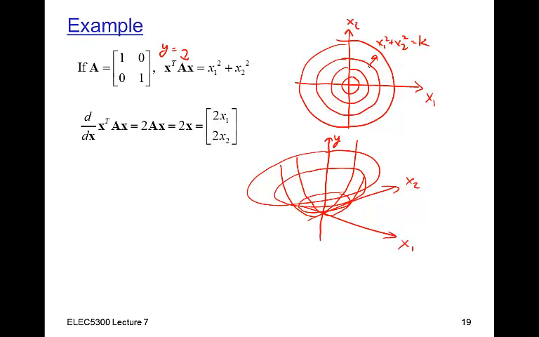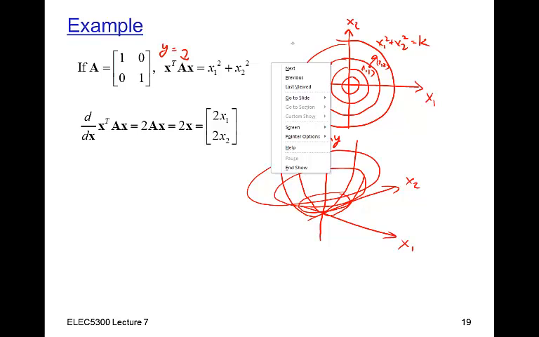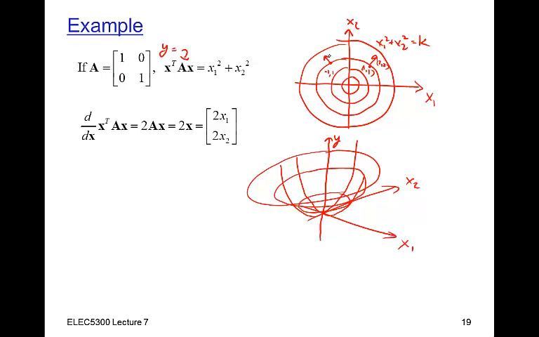So at this point, let's say this point here was 1, 1. Then this vector here would be 2, 2. So it would be pointing exactly in the same direction as this. It would just be twice as long. I don't draw it to scale here, but I'm just trying to show you the direction. And so here, if the direction here is minus 1, 1, then this one would also point in the minus 1, 1 direction.